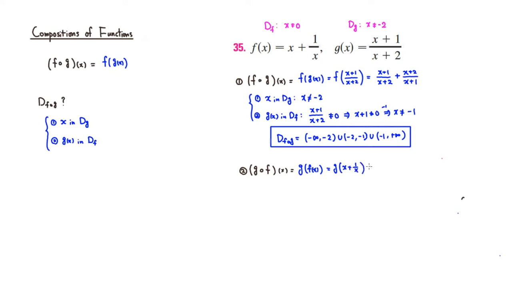We plug this into the g function, so x is replaced by x plus 1 over x, and we have x plus 1 over x plus 2. Since I don't like having a fraction inside a fraction, I'm going to multiply top and bottom by x, just my personal preference.